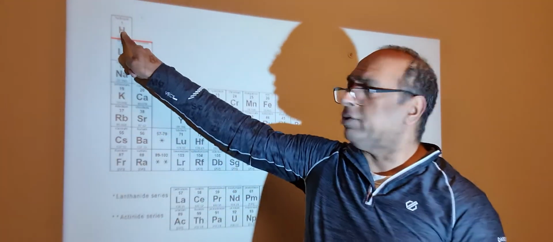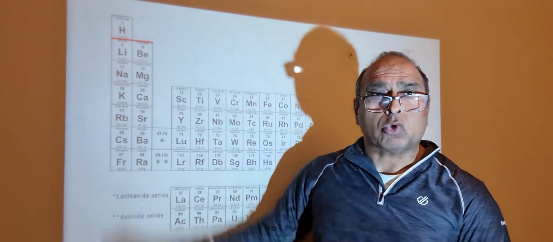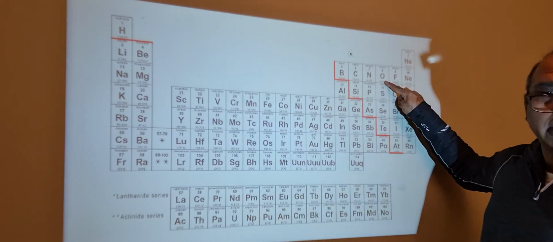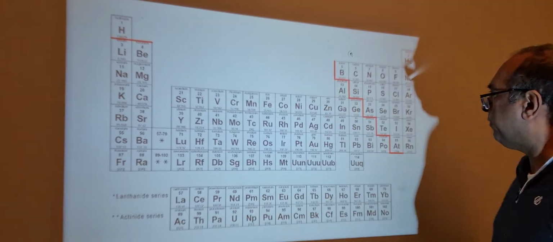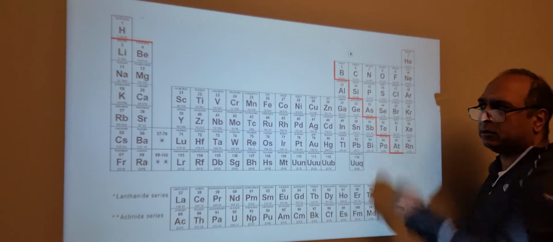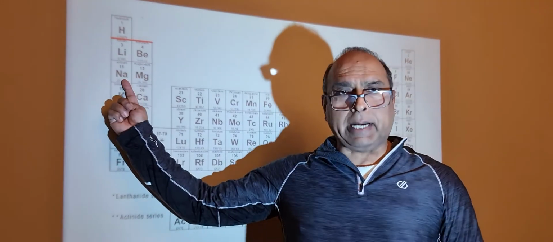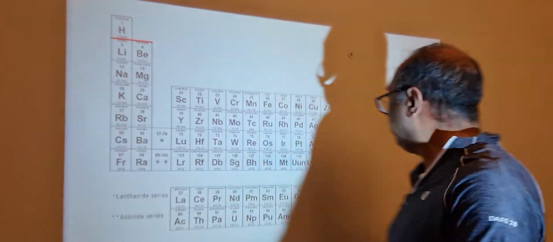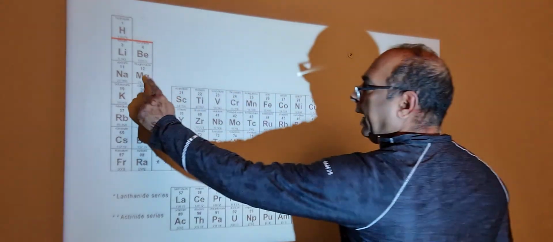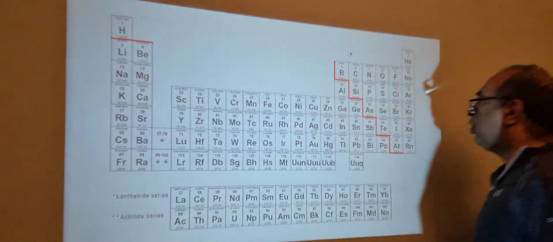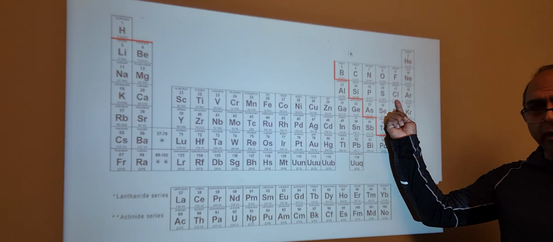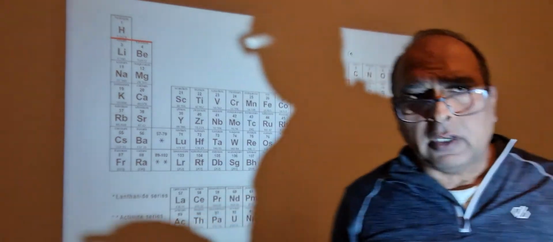Like hydrogen, capital H, oxygen, capital O, sulfur, capital S, sodium, capital N, small a, magnesium, capital M, small g, chlorine, capital C, small l. Can you see there's a pattern?